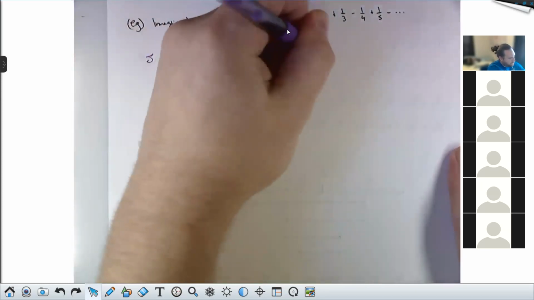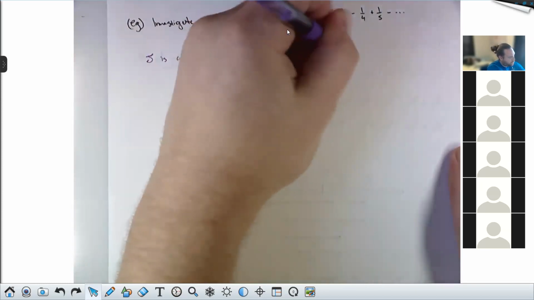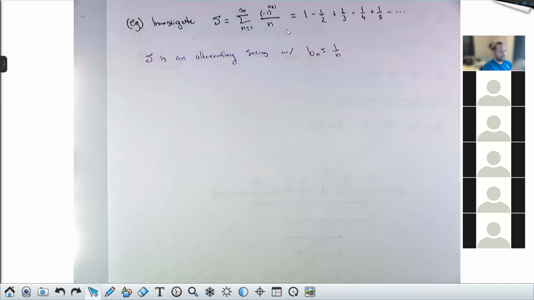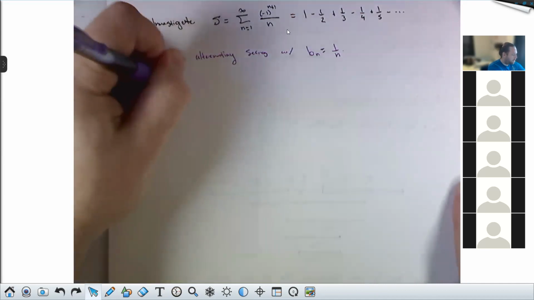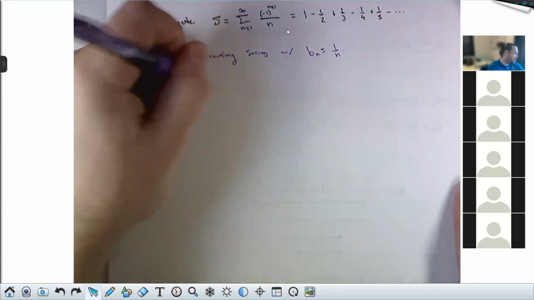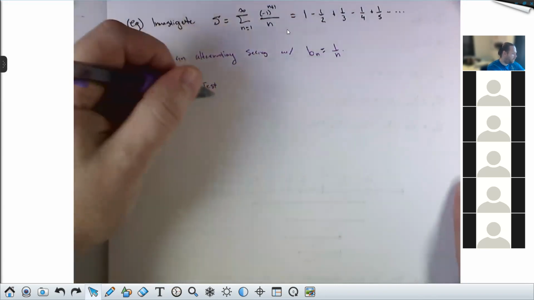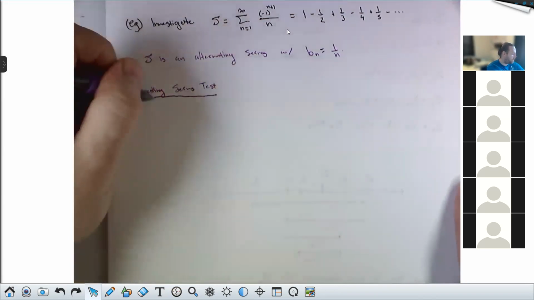And the BNs here we identified earlier are 1/n. So I can use my alternating series test. You always want to tell your reader what test you're using.